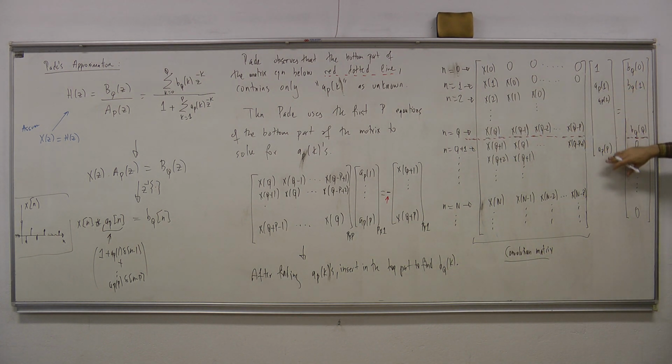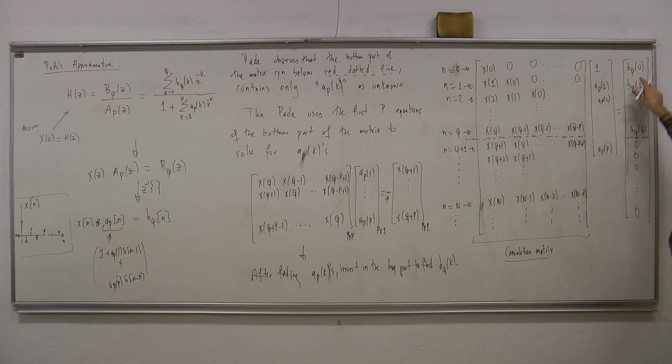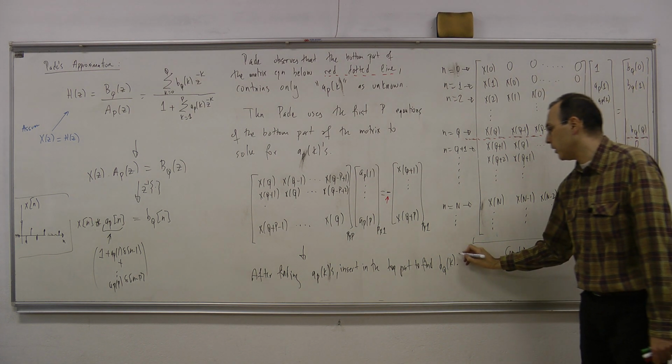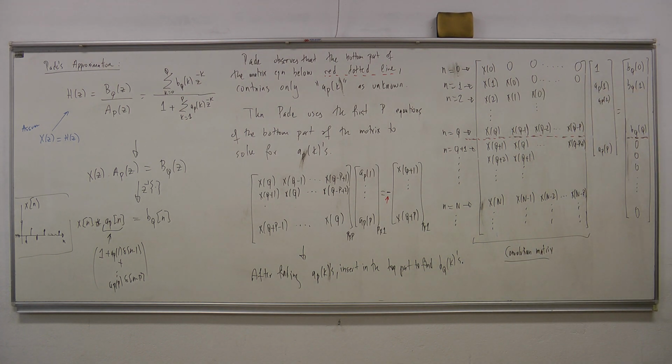So once this is known, you insert it over here, then you evaluate this product, and it becomes your unknown b_k's. Okay, so Pade's method is extremely easy, as you see, and there is no nonlinear equation solving, etc.